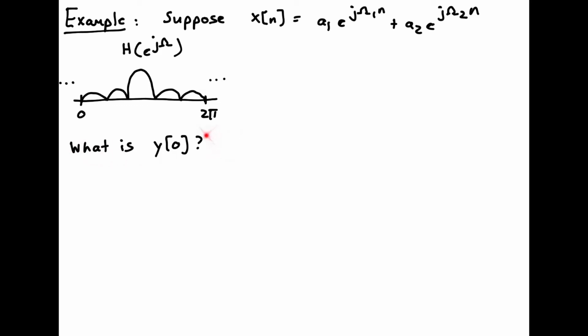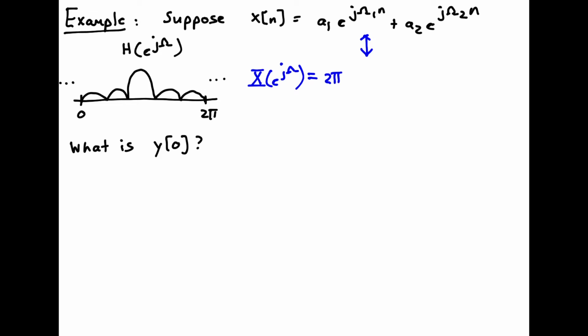So we can solve this. We're going to try and solve for what is the output at time 0, right? So what is y of 0? We can solve this by working in the frequency domain. First we find the Fourier transform of these exponential signals. Well, that's straightforward to do from our experience with discrete time signals. We know that complex exponentials have transforms that are equal to delta functions.